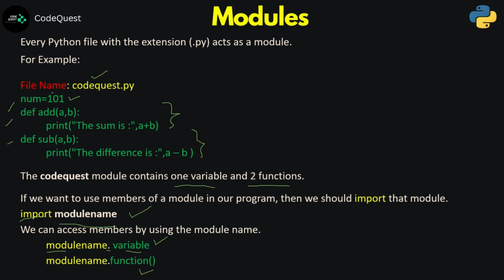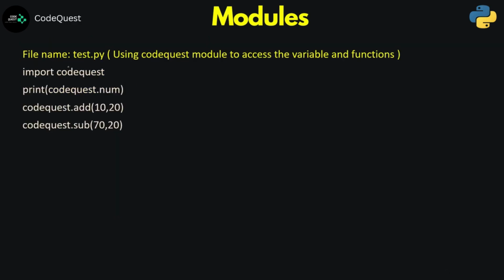So let us see how I can import this module into another program to access the members which are part of this codequest module. Here we have taken one more file, test.py, and my purpose in creating this file is to utilize all the members that were part of the codequest module.